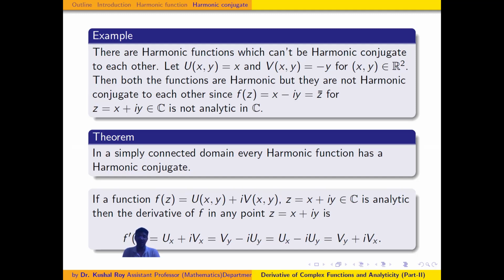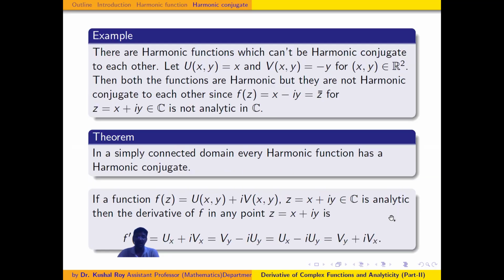So if a function f, which is u plus iv, is analytic, then the derivative of f at any point z equal to x plus iy is f dash z equals ux plus ivx.